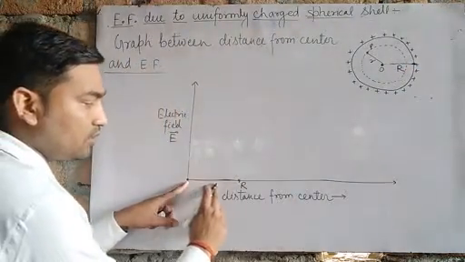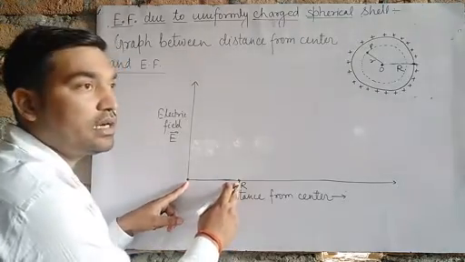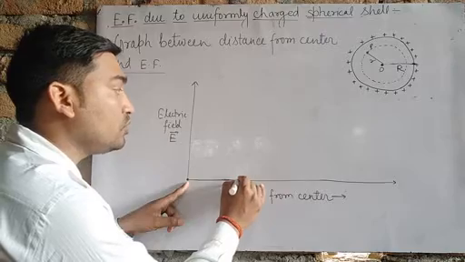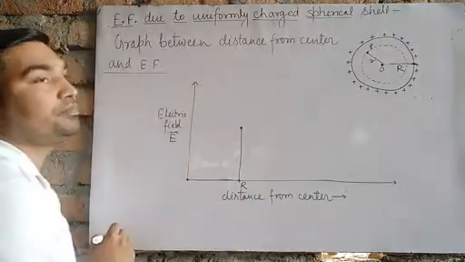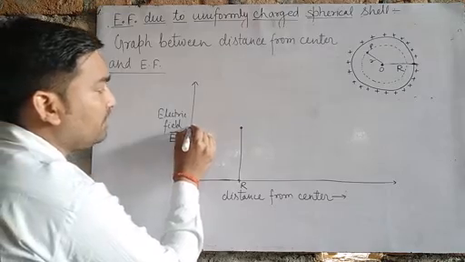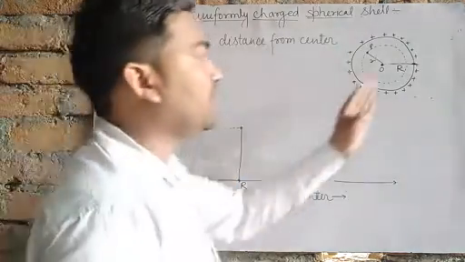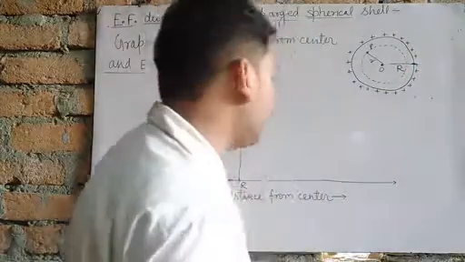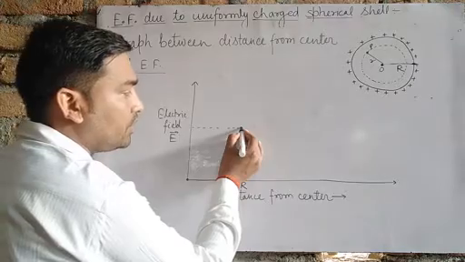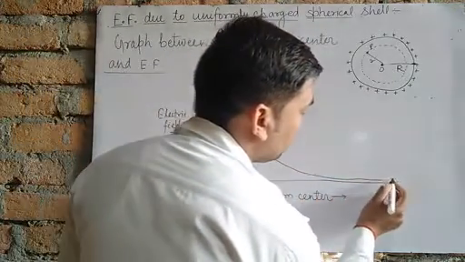But when we reach the surface, it means the distance from the center is r. Whenever we reach the distance r, the electric field goes maximum. This is the maximum electric field. And after that, when we go outside the spherical shell, from the formula the electric field decreases gradually.